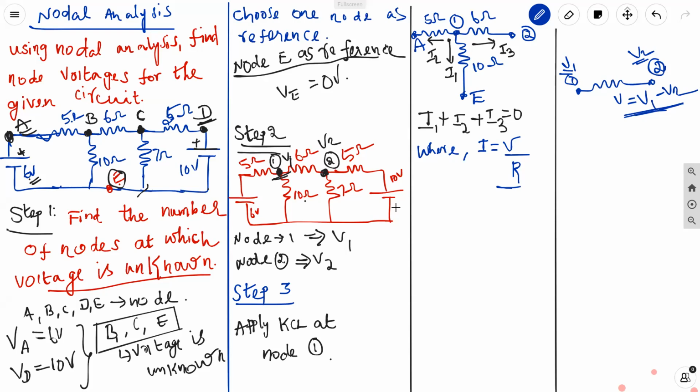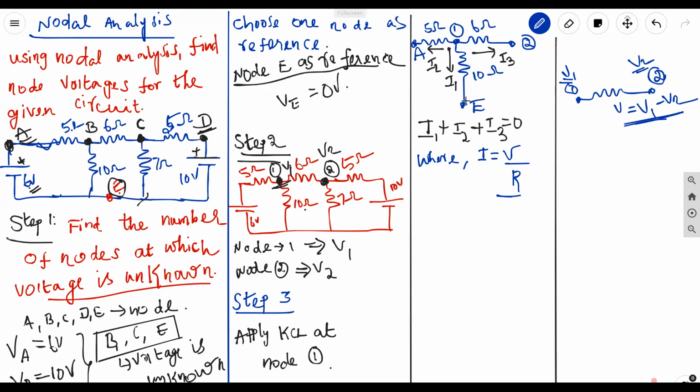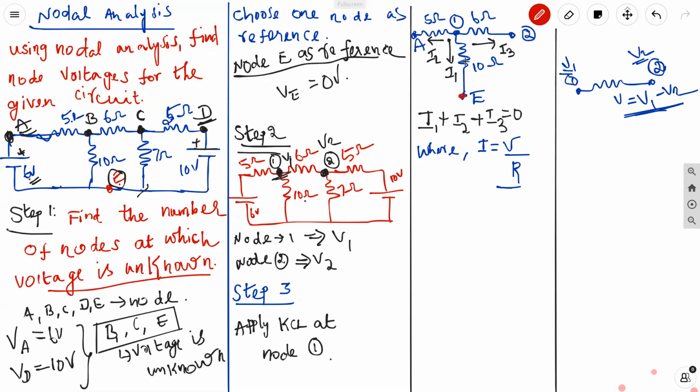Listen carefully, this is an important step. Let us first figure out I1. I1 is the current through the 10 ohm resistor, which is connected between node 1 and node E. We don't know the node 1 voltage, which we assumed as V1.